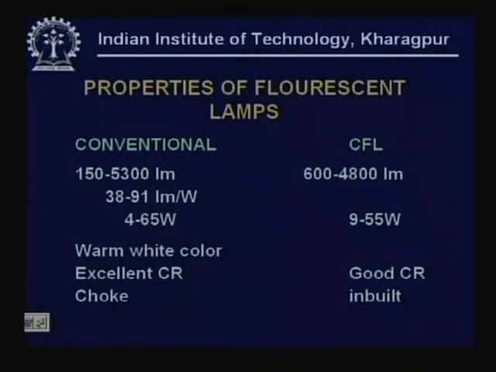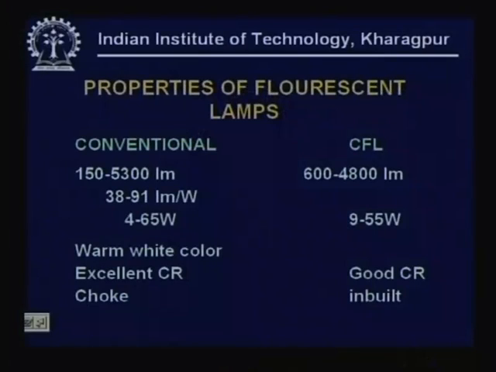Now, the other thing which is coming up is what we call compact fluorescent lamps. Now, imagine being able to get a high efficacy low pressure mercury vapor lamp to be used in the same outlet where I was using an incandescent lamp. That is the issue.